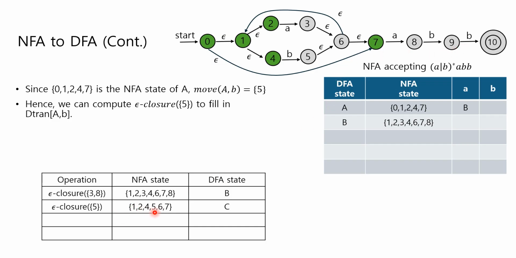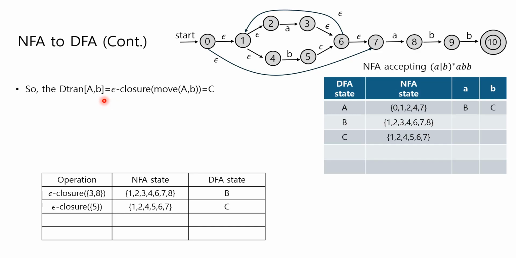So 1, 2, 4, 5, 6, 7 are the resulting NFA states of the epsilon closure of 5, and this NFA state is not in the existing NFA states found so far, so we add it as a new DFA state, which is named C. So Dtran[A, b] is going to be C, which is the epsilon closure of move over A, b.